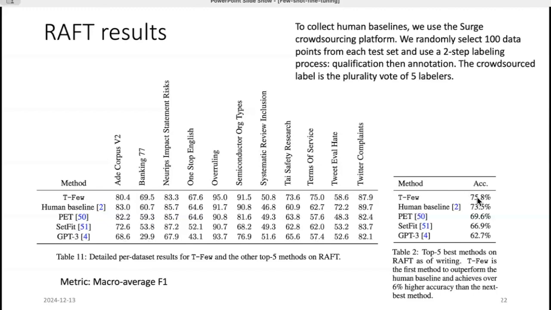Basically, on average, it has 2% more accuracy on top of the human baselines. And it is the first method to outperform the human baseline. Also, compared to the second place at that time, it achieves over 6% higher accuracy than the second best. So yeah, I think these are very interesting findings.